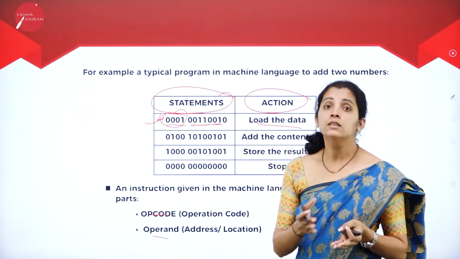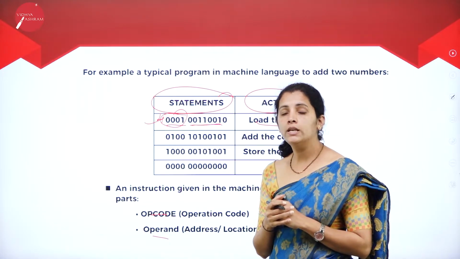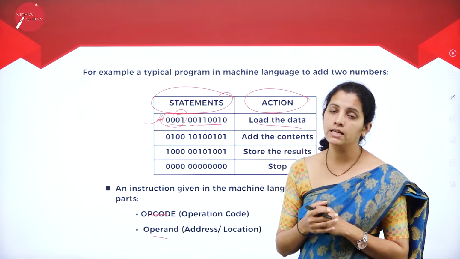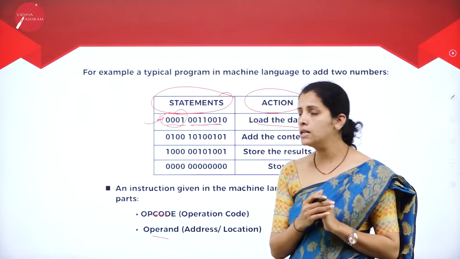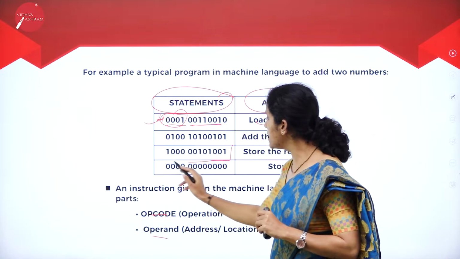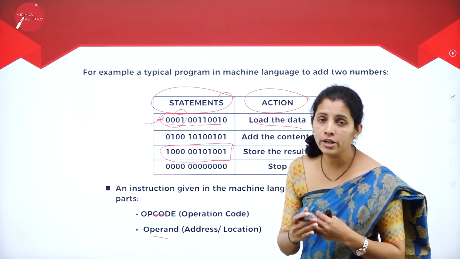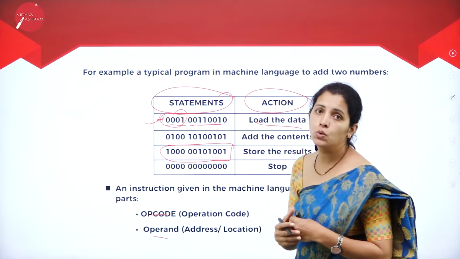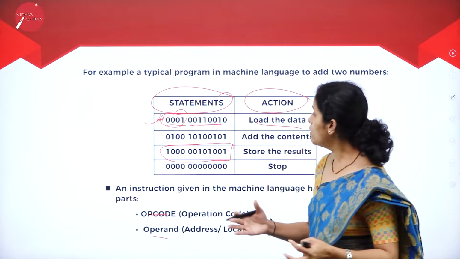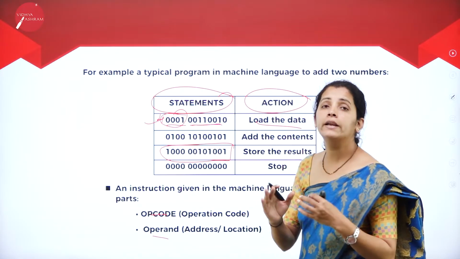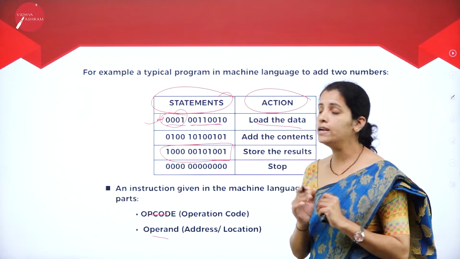Dear student, the computer understands only machine level language, that is nothing but zeros and ones. In this example, is it possible to understand what kind of operation the computer is going to perform? No, because all the bits are written in the form of zeros and ones.